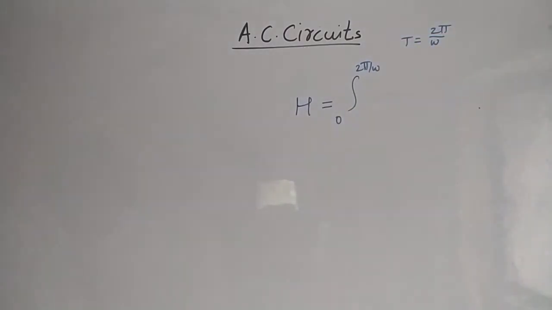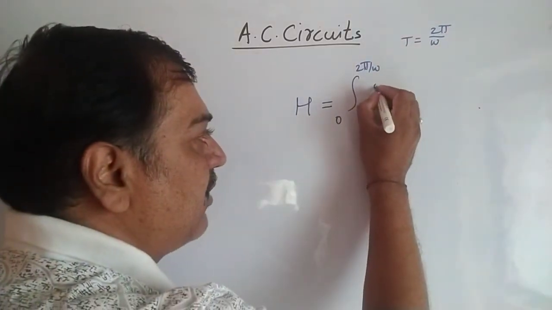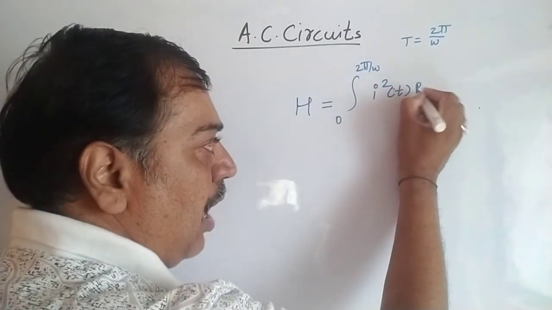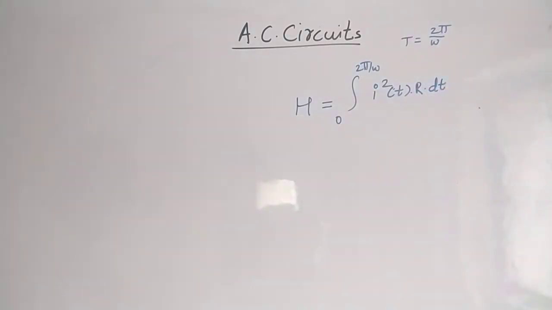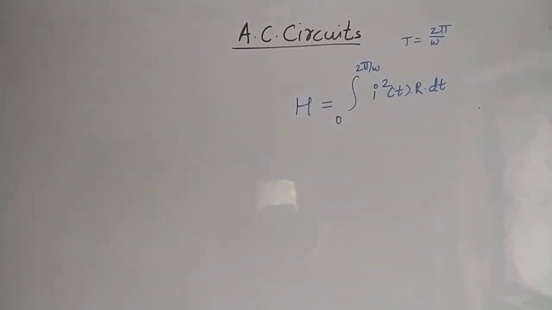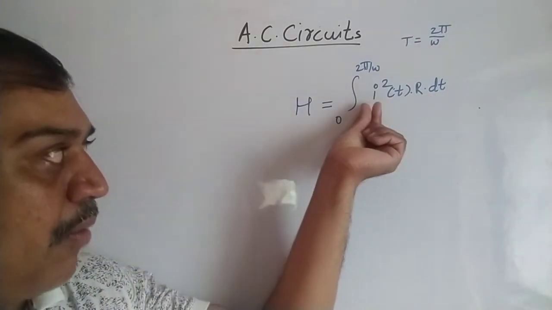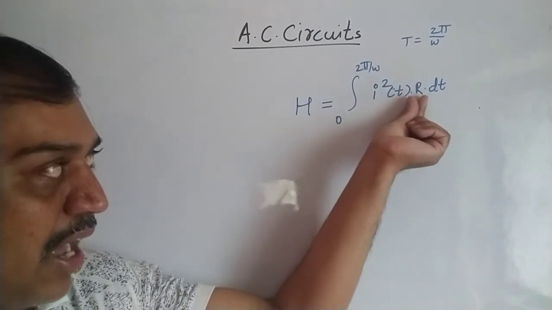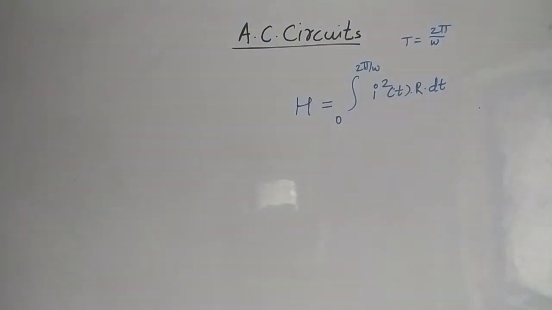So the integral of I square R dt, where I square is a function of time, R is the resistance and dt is the time element. Within time dt, current I passing through a conductor of resistance R produces heat I square R dt.